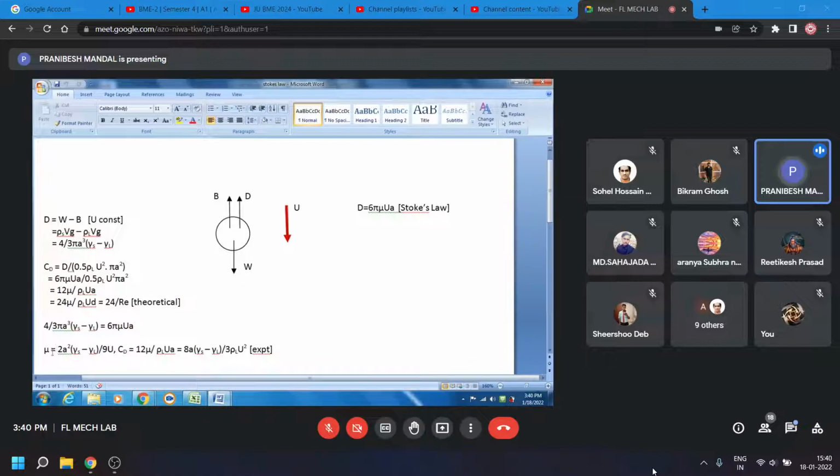So if I get some value of mu, and instead of having this mu here, I put the mu value here, then the CD I get will come from the experimental result. Okay, fine. Forget this CD for now.